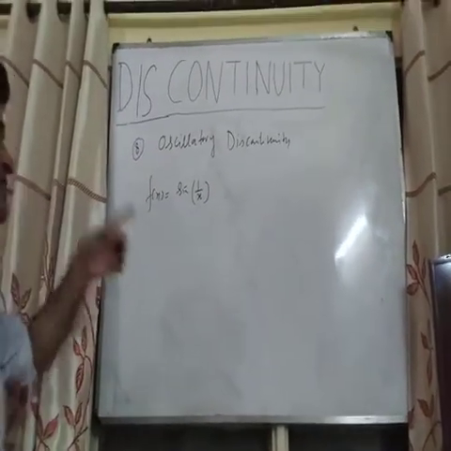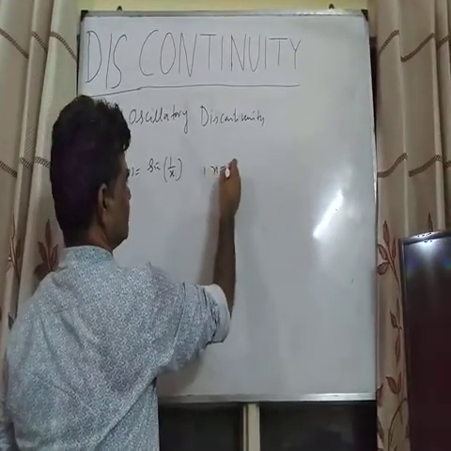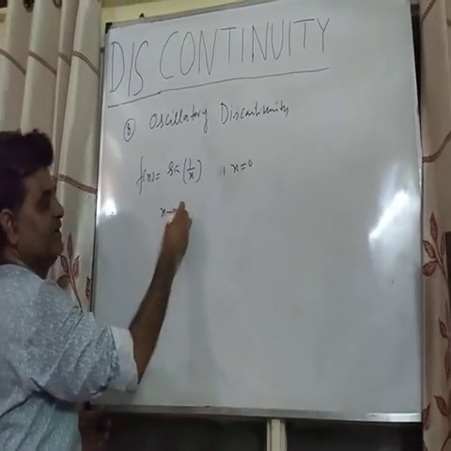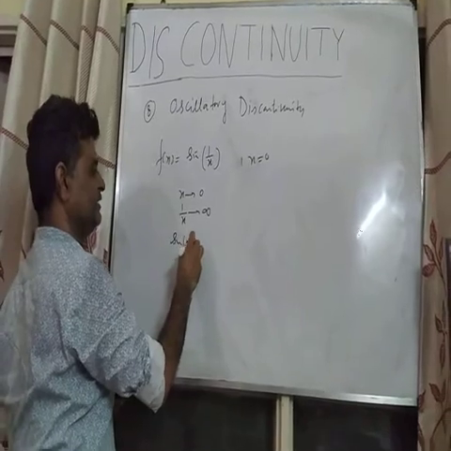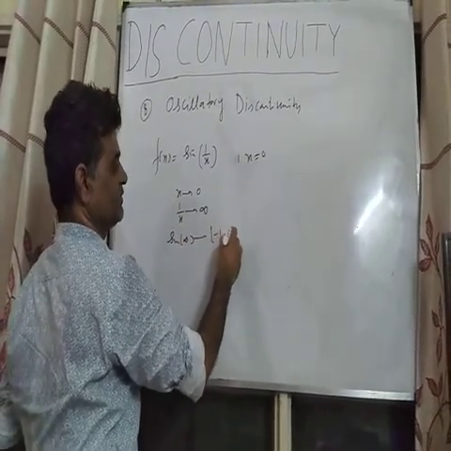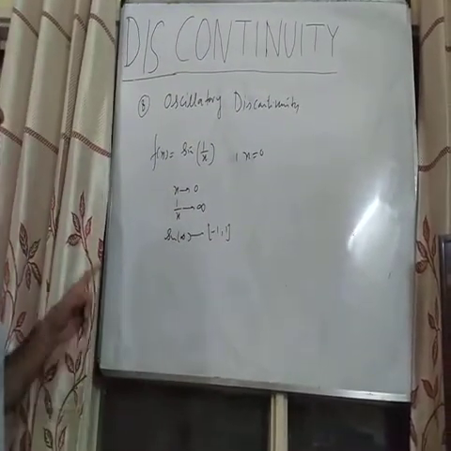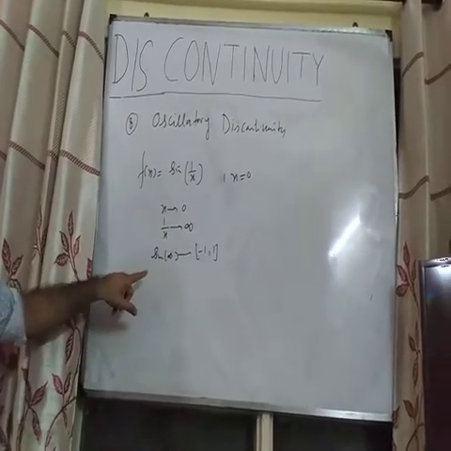You can see that the function is discontinuous at x equals 0, because when x is tending towards 0, 1 upon x will tend towards infinity, and sine infinity will tend to lie in the interval minus 1 to 1. So such a kind of discontinuity is known as oscillatory discontinuity.